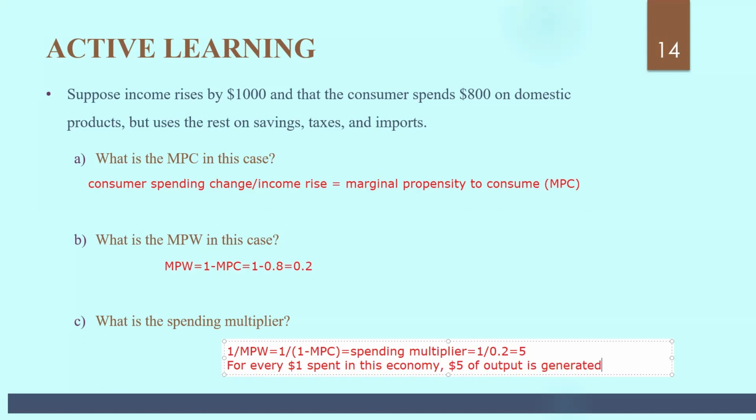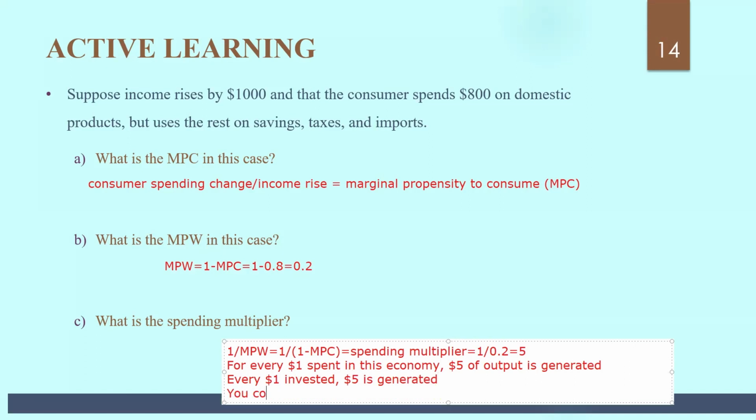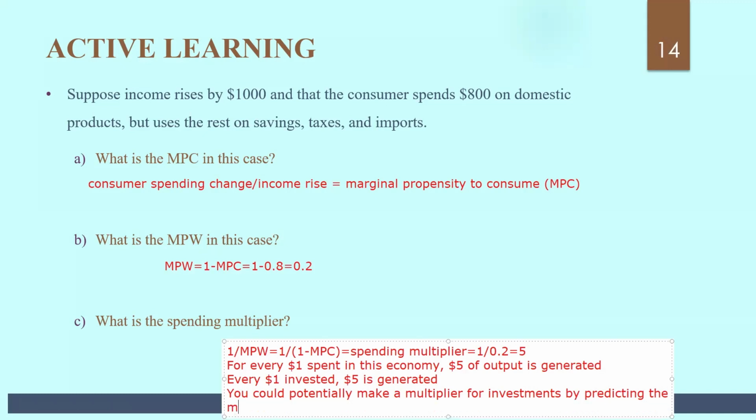So basically for every dollar invested, $5 is generated. You could potentially make a multiplier for investments by predicting the multiplier effects of that specific investment.